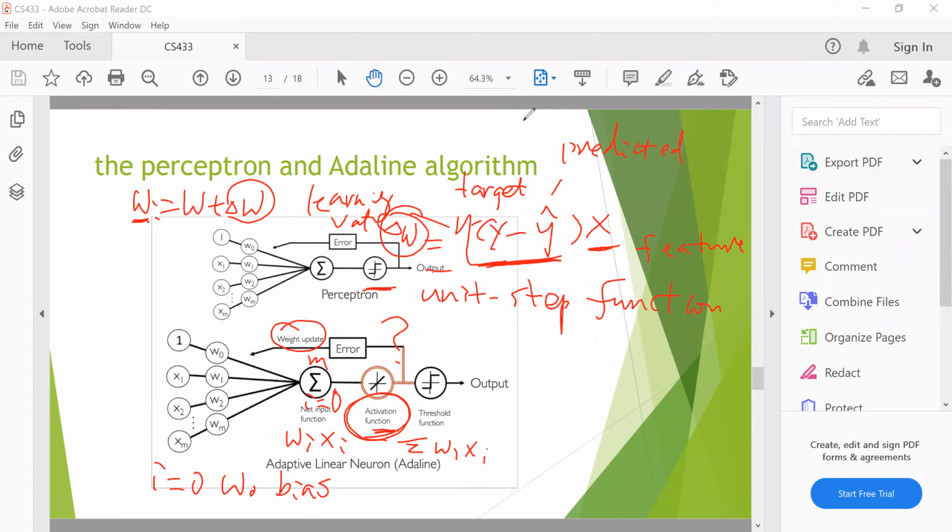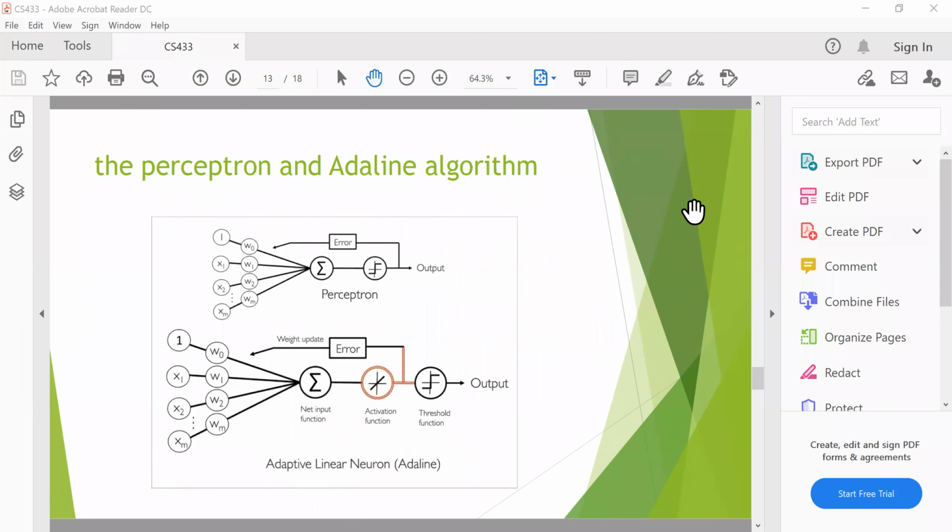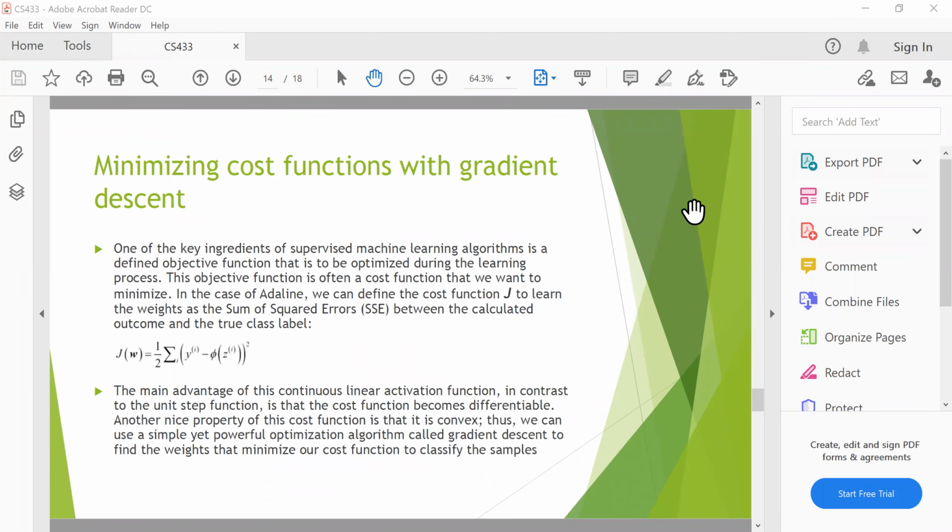Over here, it's going to use a concept called gradient descent. Okay, so we will see that. Anyway, so this is a visual view of the difference between Adaline and the perceptron.